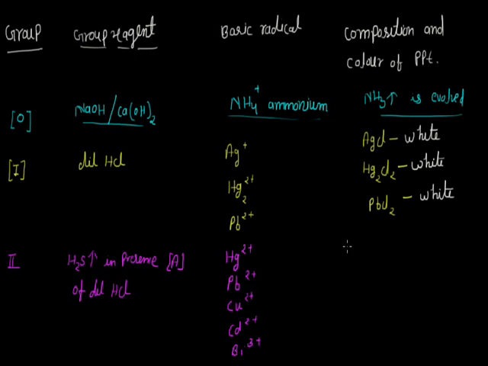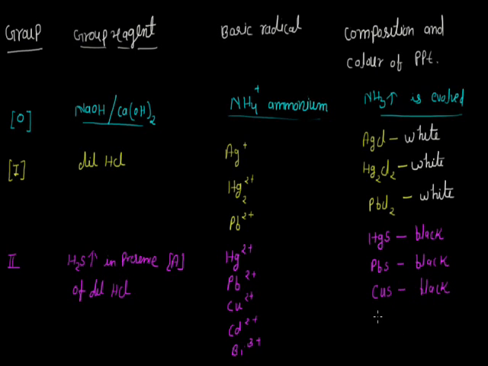Its composition: in the second group, if Hg, then it forms HgS, its PPT is black in color. Next is PbS, also black in color. Third is copper sulfide, CuS, also black in color.